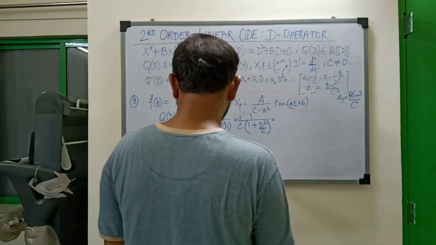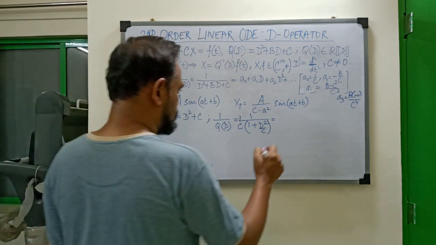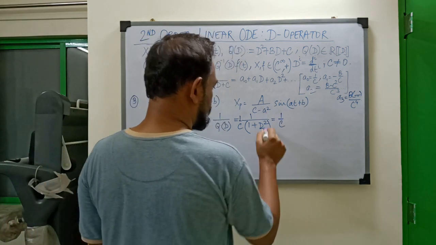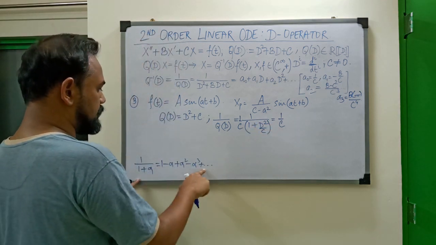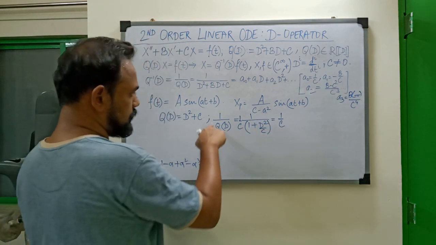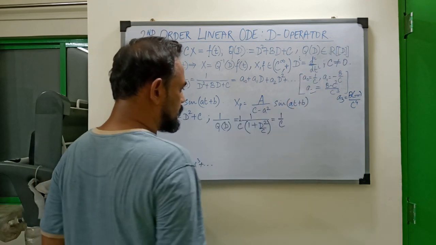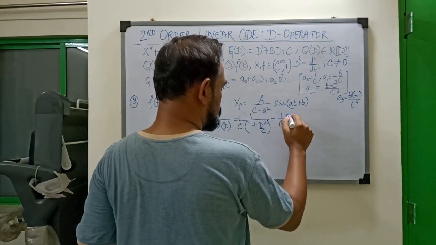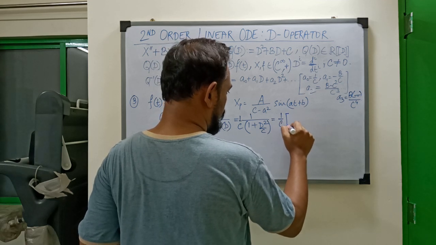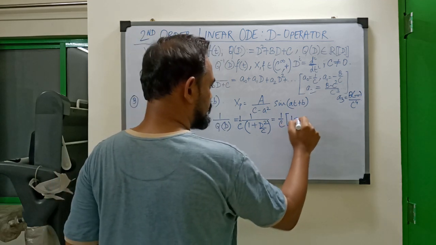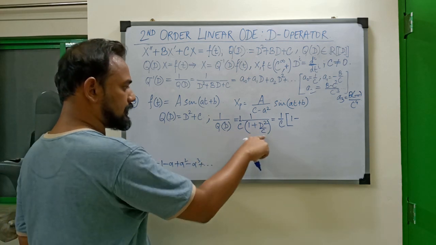So what we are going to get here is 1 over c. This expression, if you expand this by Taylor's theorem, that's what we want to do, because we want this as an element of Rd. Replace alpha by d square by c.